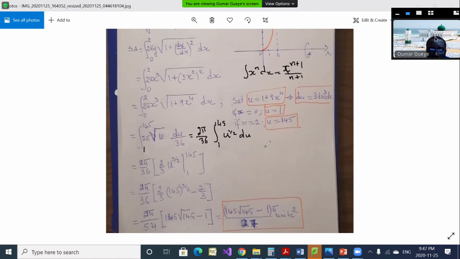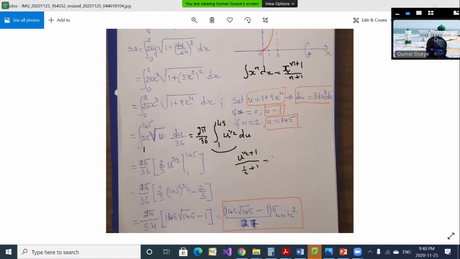That's what I use. So for this integral here, n is equal to 1 by 2, so it's going to be u to the power 1 by 2 plus 1 over 1 by 2 plus 1. Just applying this.